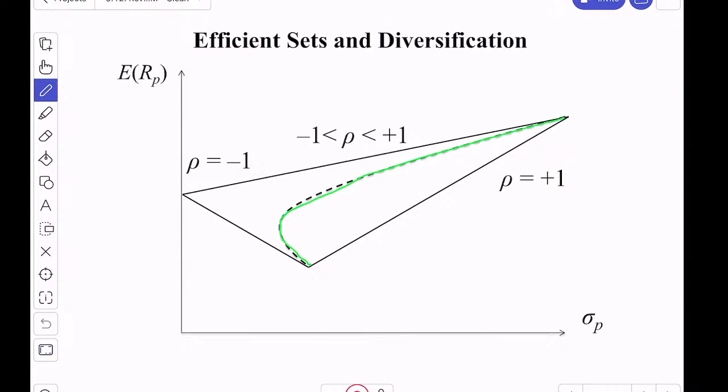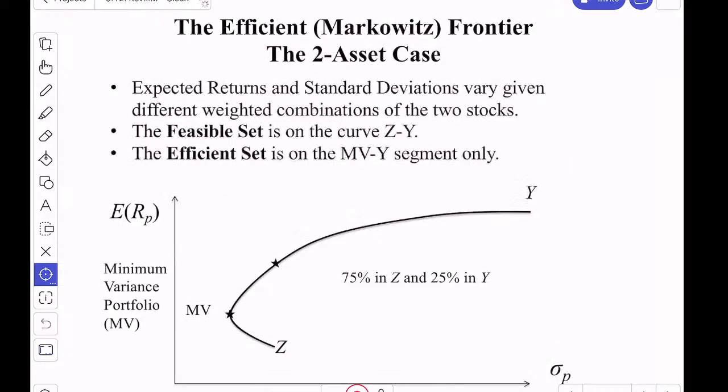Okay, so this pattern is a combination of two risky assets, and it shows you the risk and return trade-off between them. So in the two asset case, we have this pattern, and we have to mark the minimum variance portfolio. That is called MV here.